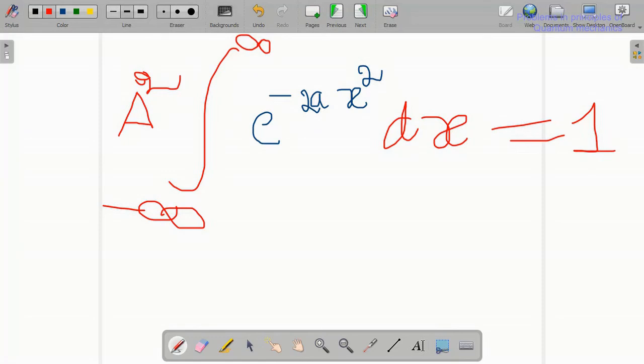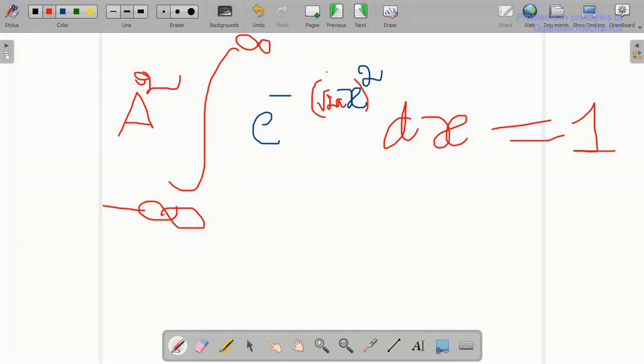What we'll do is take root 2a into x, the square root of 2 times a, so that root 2a x is the new variable.